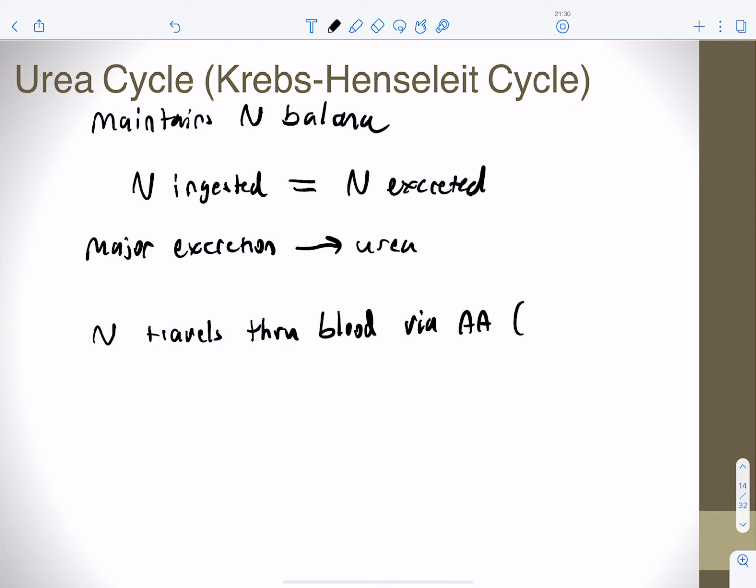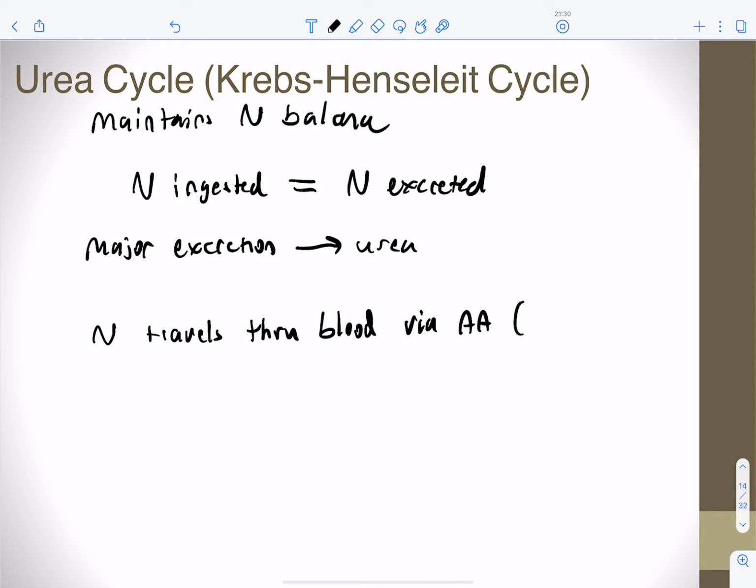So when you have a high protein diet, you're going to increase the expression of the enzymes that are part of the urea cycle. A low protein diet will decrease the enzymes, so it's as needed. Starvation is going to increase the enzymes because during starvation, you're going to want to break down your proteins for your carbons to be used as energy.